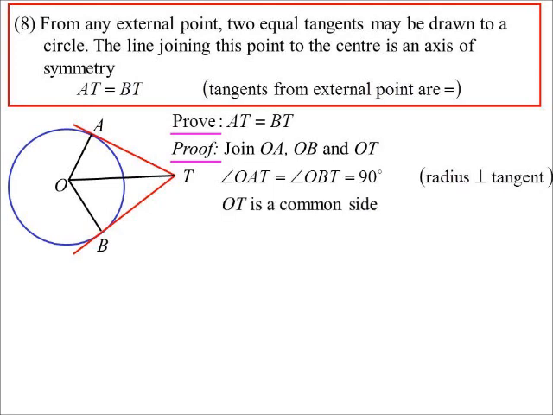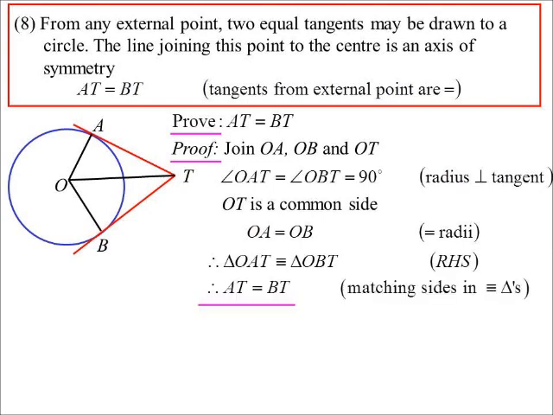OT is common to both triangles, and the two radii that we drew in are going to be equal as well. So I have right angle, hypotenuse, side. Therefore, the third sides, AT and BT, must also be equal. They become the matching sides in congruent triangles.